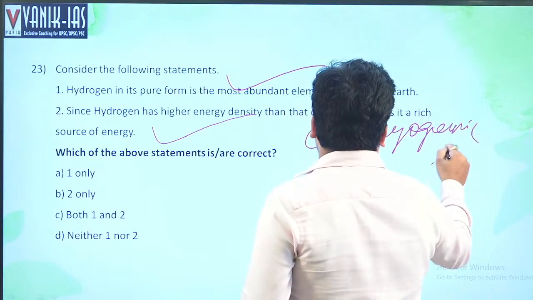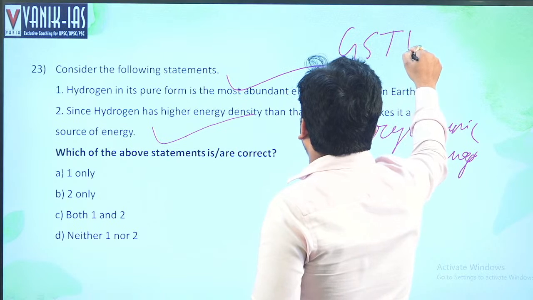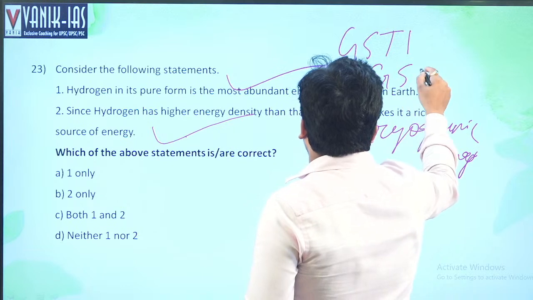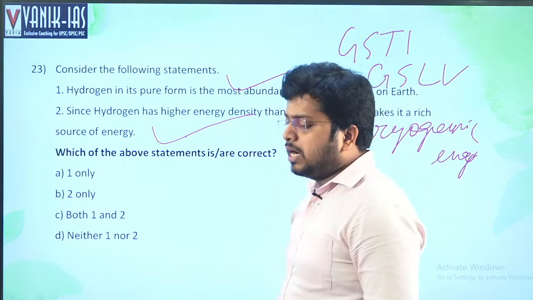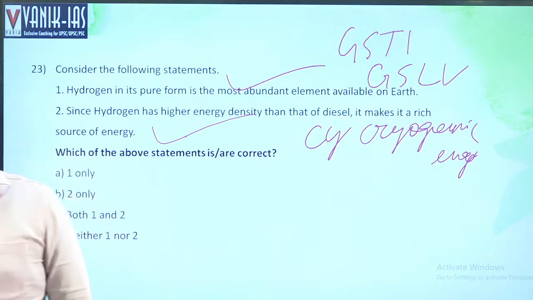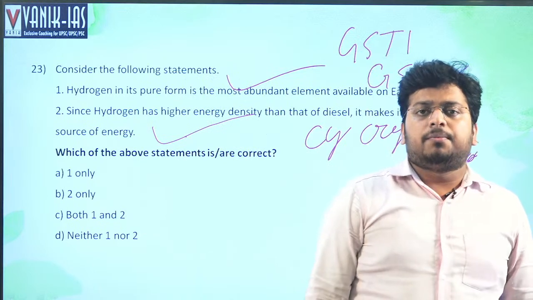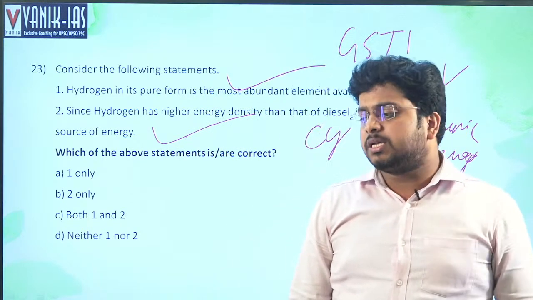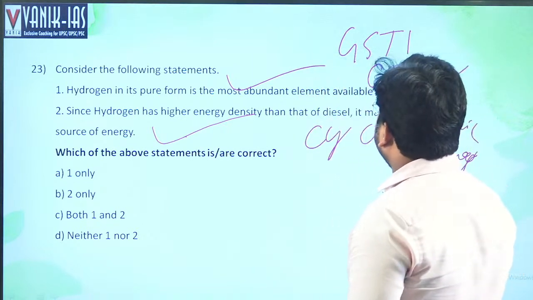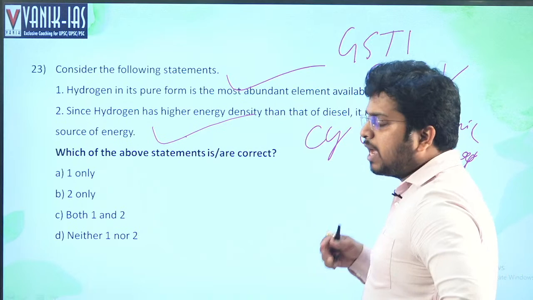The cryogenic engine is used in the GSLV, the Geosynchronous Satellite Launch Vehicle. Liquid hydrogen is used in the GSLV, and hydrogen is liquefied at a temperature of minus 250 degrees Celsius. That's why it is used in the GSLV, because it can provide higher thrust.